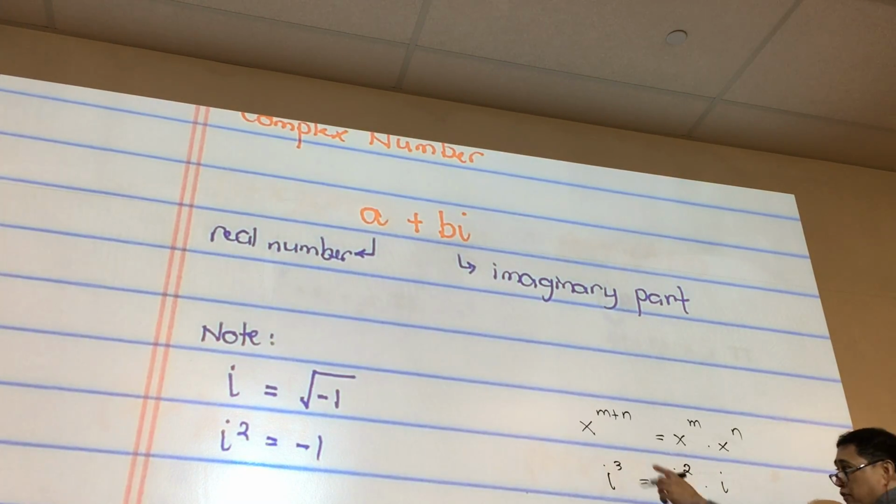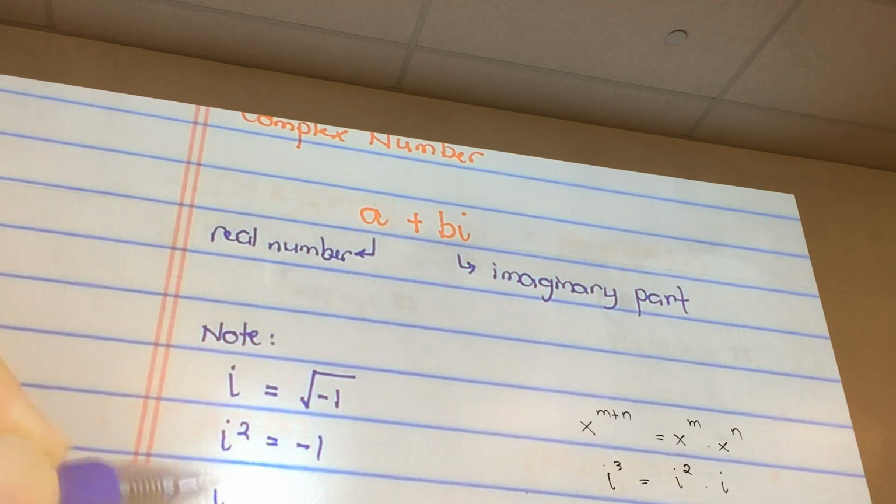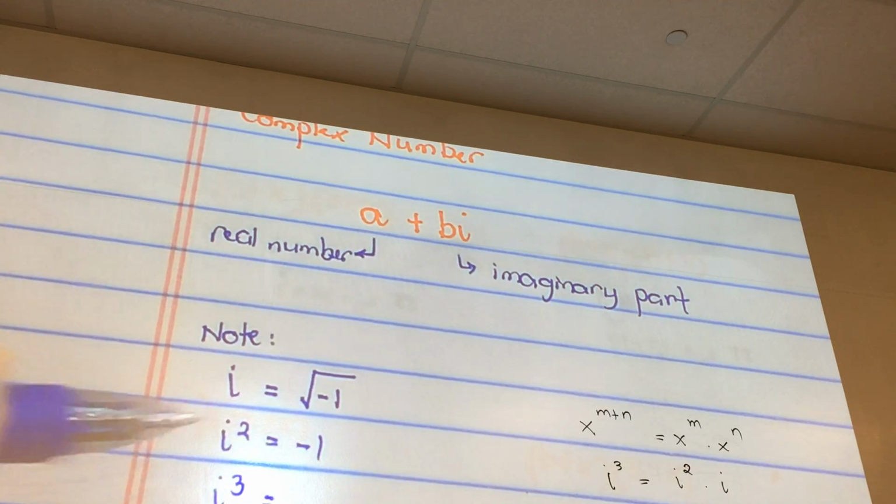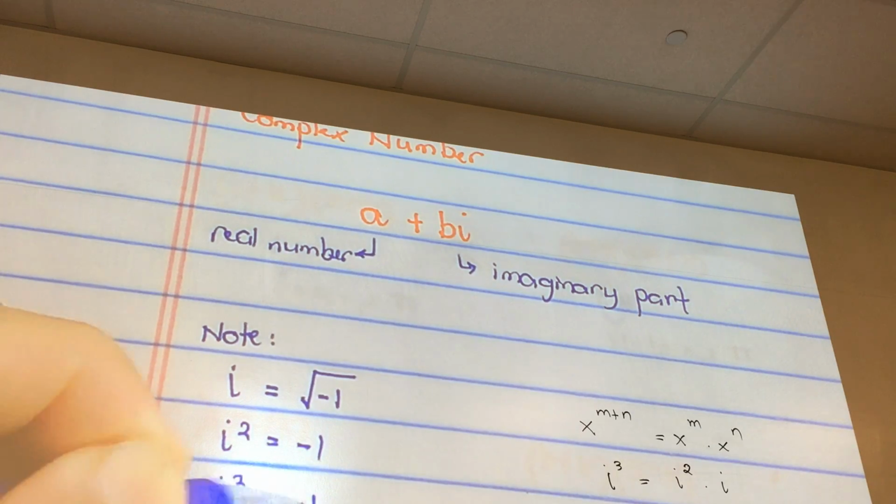But then what is i squared from there? -1 times i. Therefore, what is i cubed? -i. There you go. I'm just trying to show you how to derive those formulas. i to the third is -i.